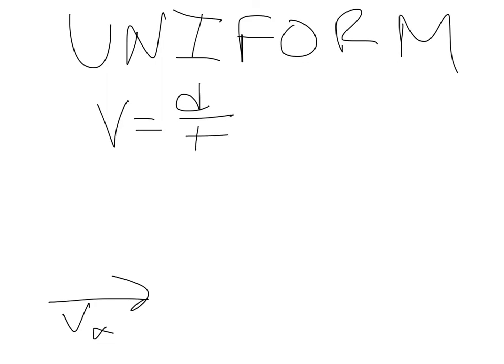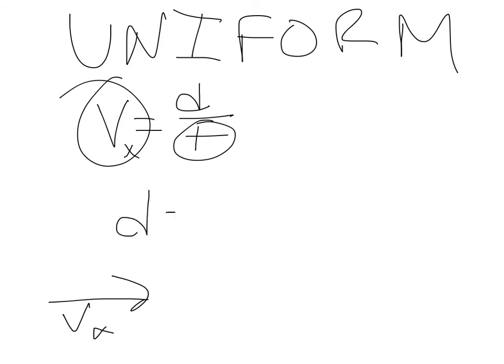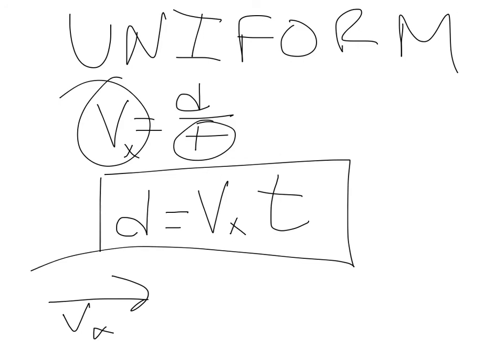If we know the entire time that the object is in the air, t, and we know its initial velocity, Vx, which is also its final velocity, we can actually find how far it goes, what we call its range, simply by multiplying the velocity times its total time. And there you go.